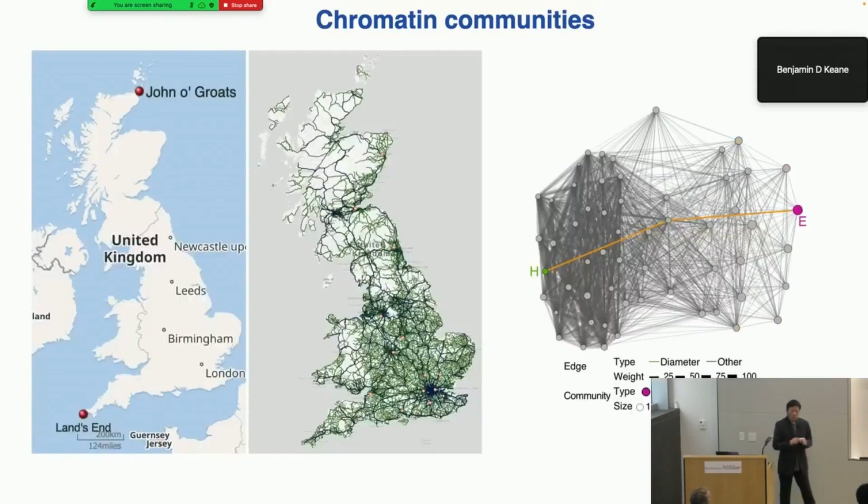So this is Joanna's example on the British railway network. If you identify the most far away regions, Land's End and John o' Groats or whatever, now if you define that pair, individual nodes can have a unique coordinate.